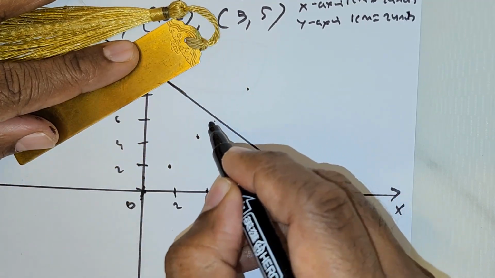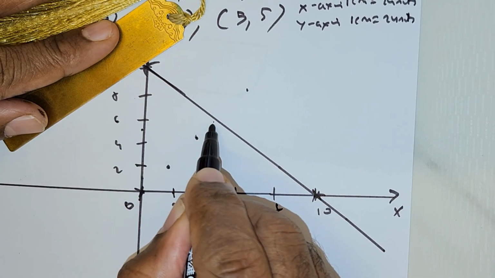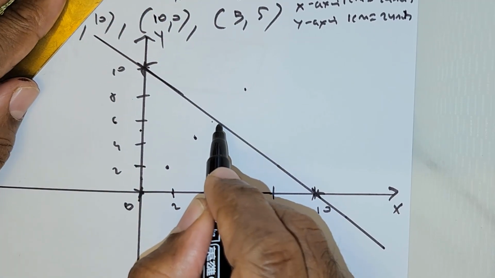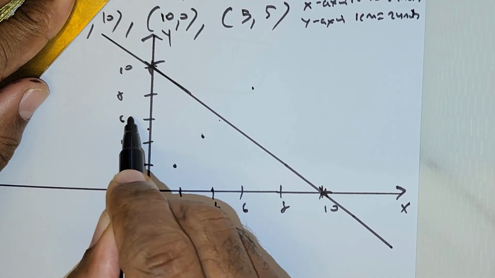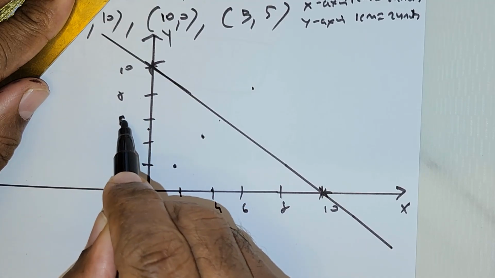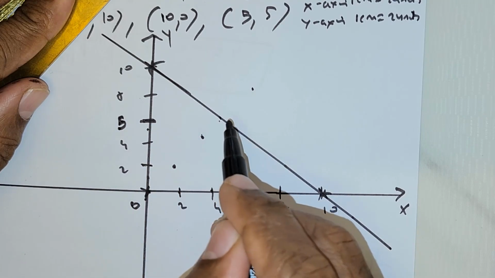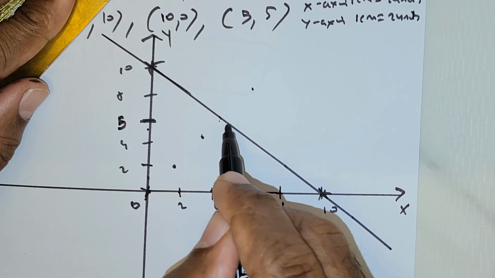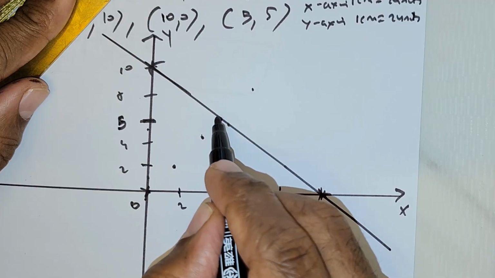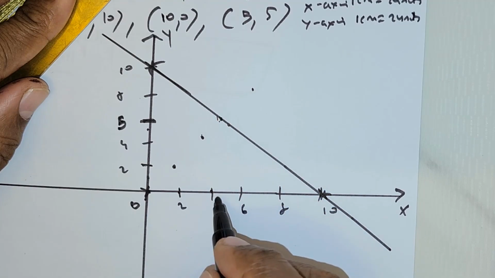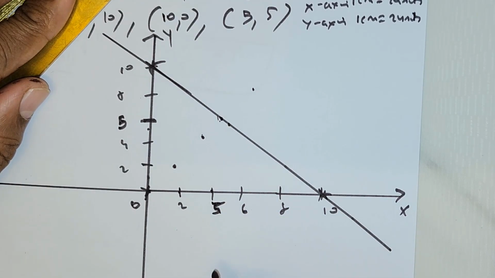Now the point of intersection will occur at 5. So let me take this as point 0.5. Just for the sake of clarity, there will be an issue if I put this as 0.5, so I'm just going to leave this blank.